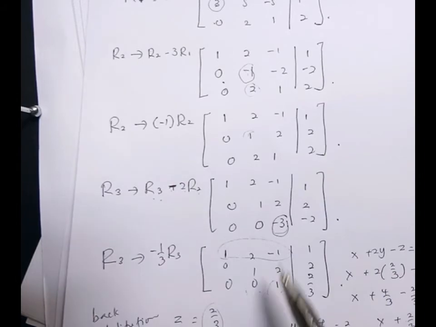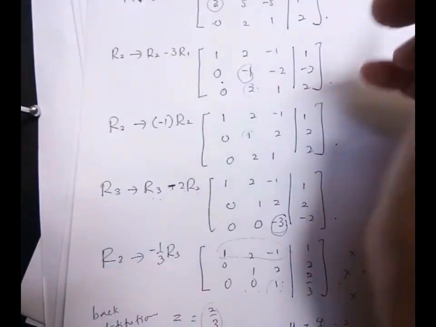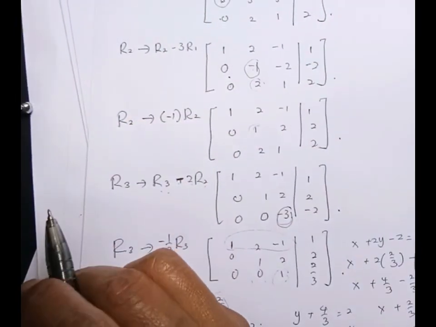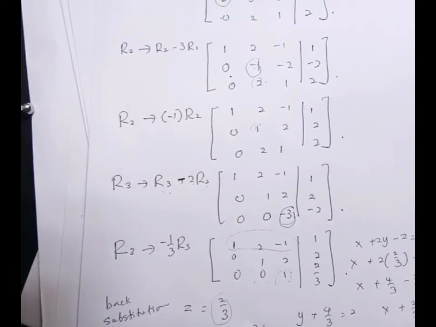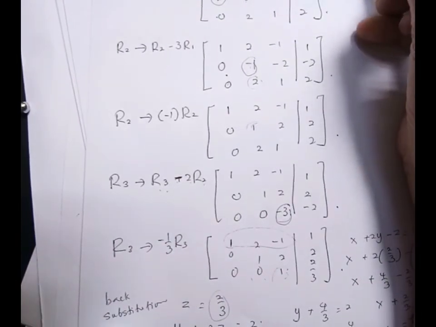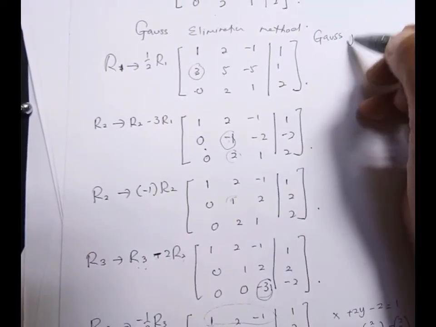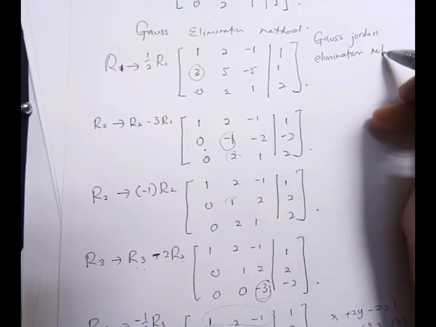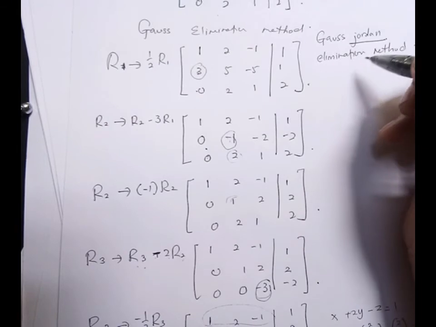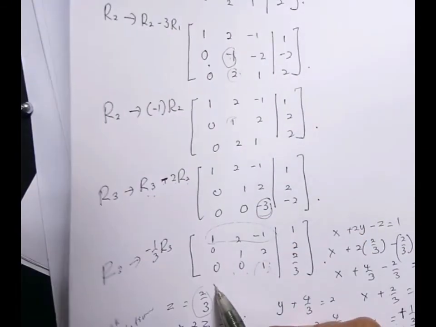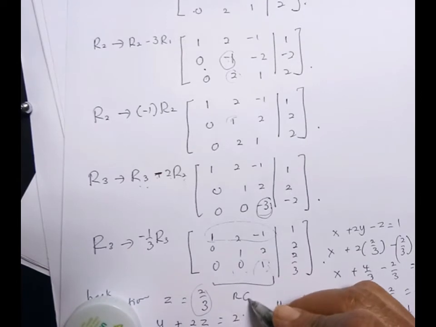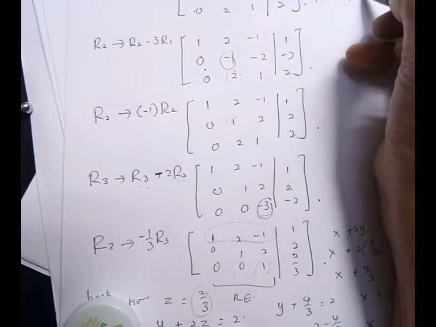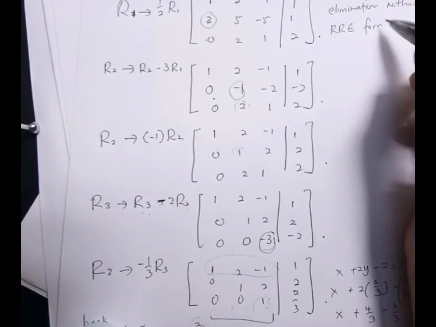For the Gauss-Jordan elimination method, we further reduce the RE form to RRE form. We reduce it until RRE form.